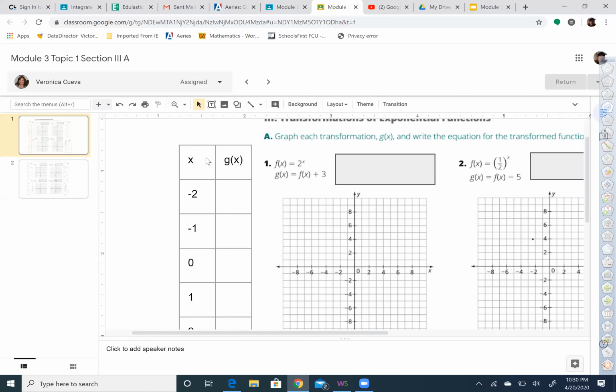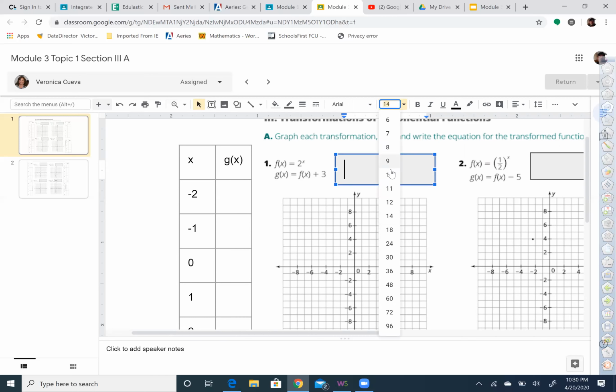So what I'm going to do is get this 2 to the x right here, and since that is equal to f of x, I'm going to plug that in for that f of x. On the bottom, I'm going to type in the new function. We got g of x equals, instead of f of x, I'm going to write down 2 to the x power.